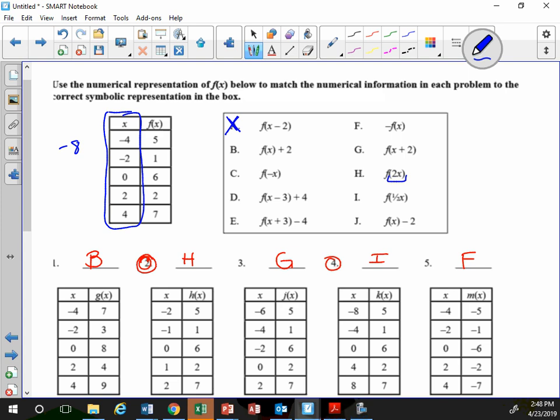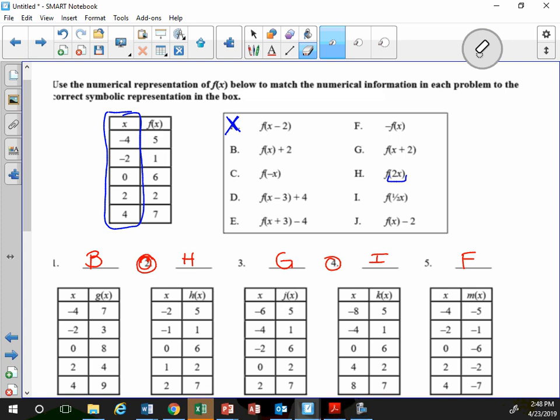That's not going to give me the same output. What you need to think about is when it's inside, it always does the opposite of what you think it should do. So look at this table. If I plug in a negative 2, what's 2 times negative 2? Negative 4, and negative 4 gives me a 5, right?